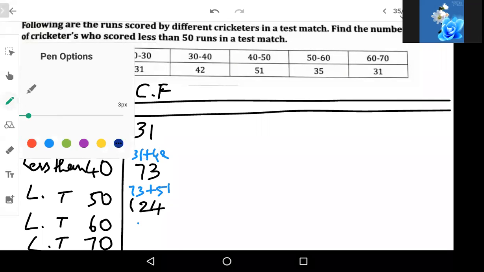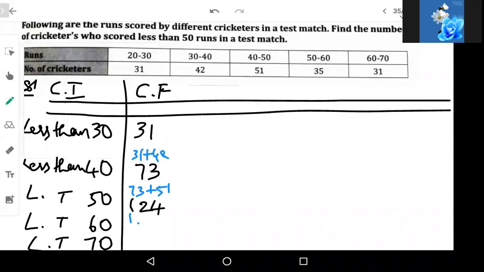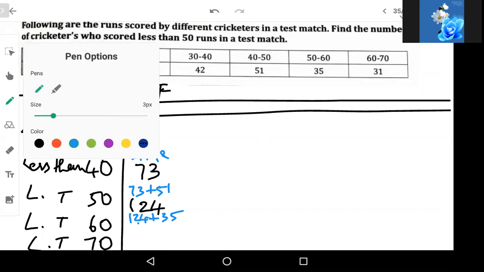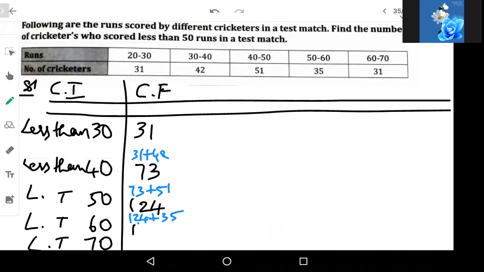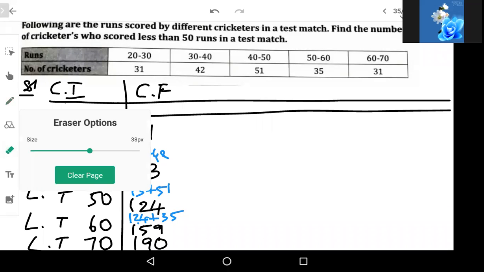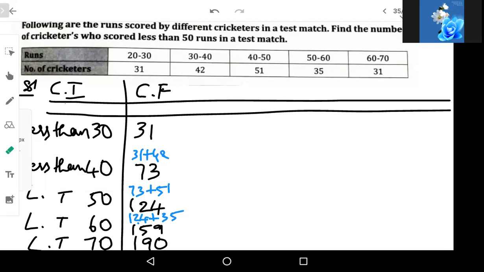After that, 124 plus 35 will give you 159. And finally 159 plus 31 will give you 190. Did you all understand? I hope you remember how to find the cumulative frequency. You just have to add the numbers.